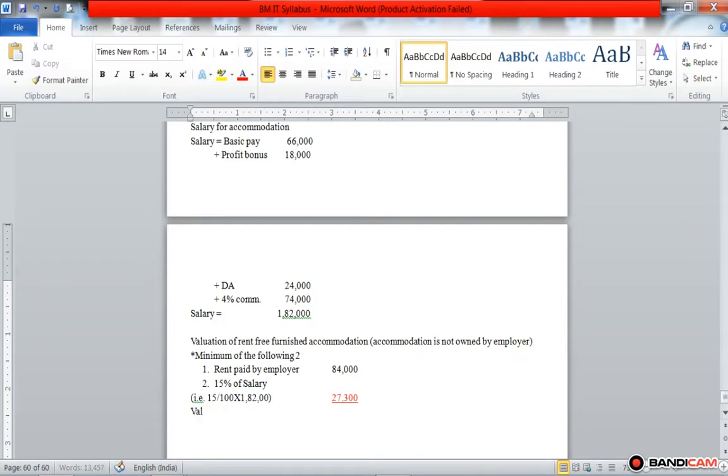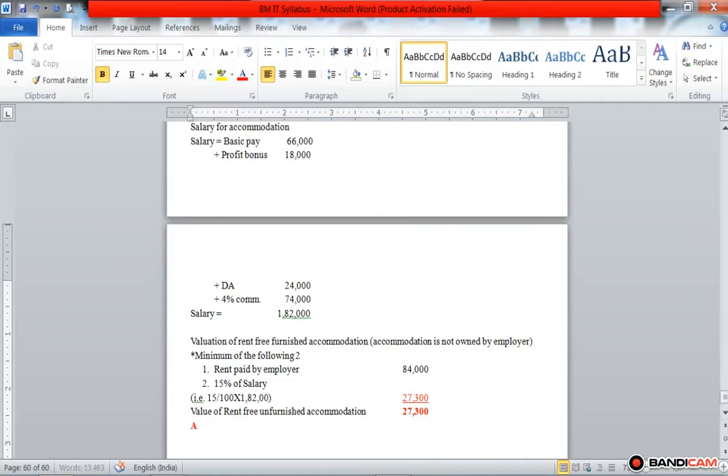So here we get the value of rent-free unfurnished accommodation, amounting to rupees 27,300. 27,300 is the unfurnished value of accommodation.